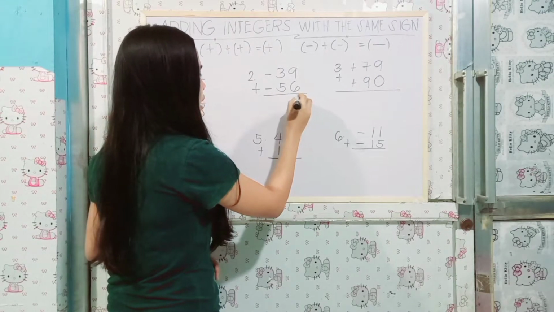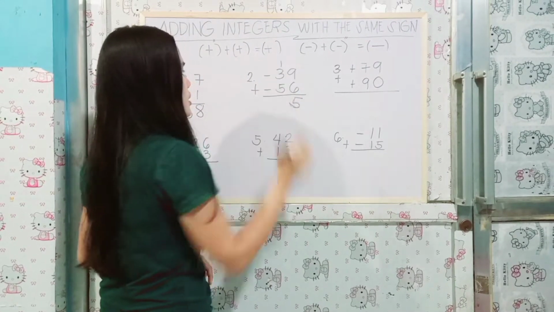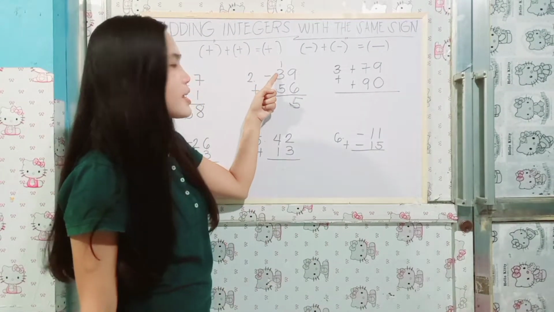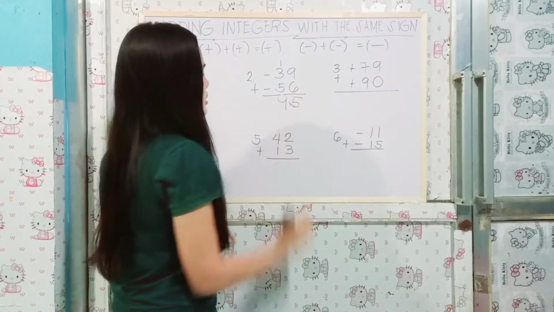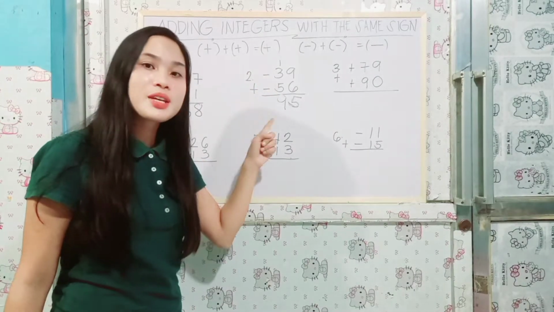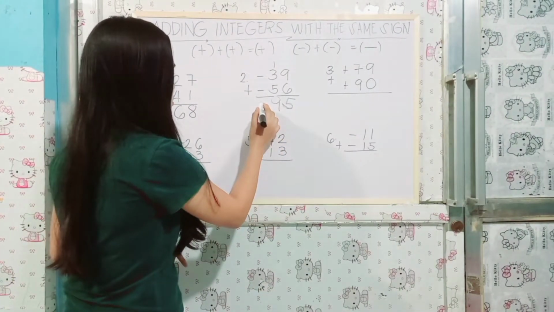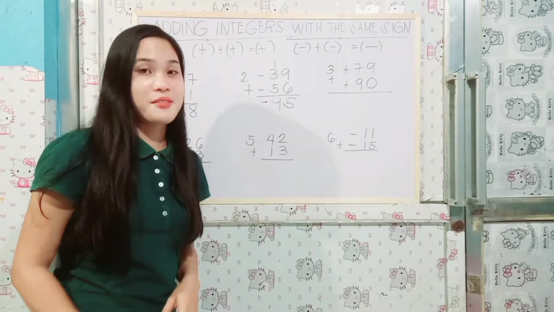So we have here 5. Carry 1. 1 plus 3 is 4. Plus 5 is 9. So the sign of our addends is negative. Let us affix that in our sum. So the answer is negative 95.